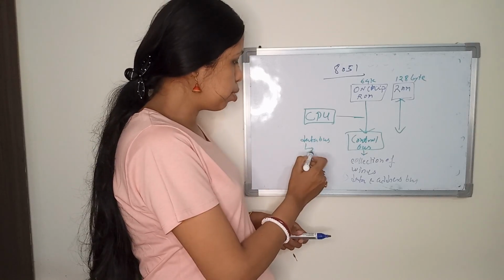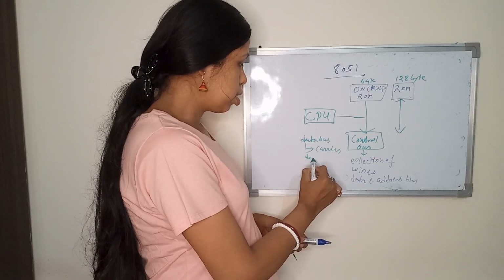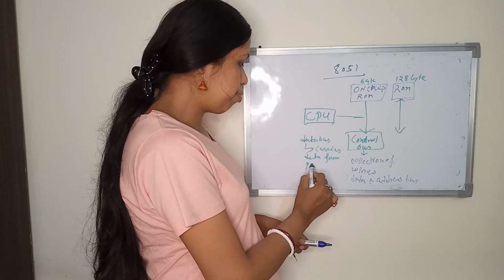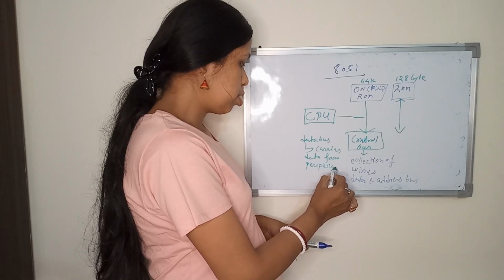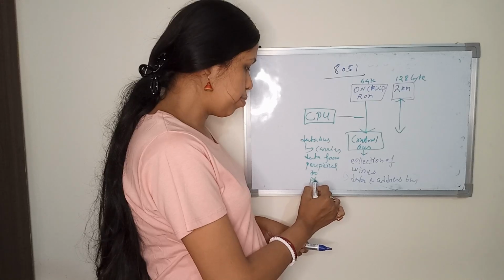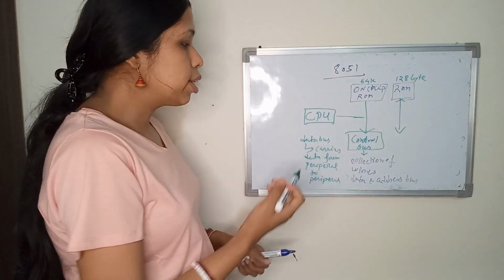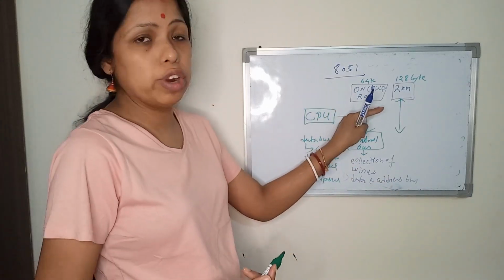What is the function of the data bus? It carries data from peripheral to peripheral. But the address bus carries the information from CPU to memory.